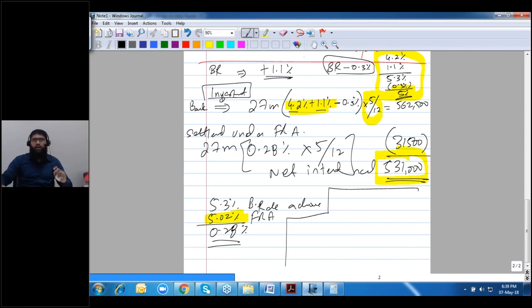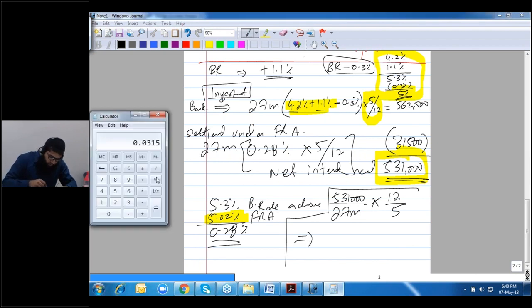Now, I need to relate this to something. This 531,000 is the interest that we have achieved on 27 million of investment for a period of 5 months. If I need to annualize this rate, I'm going to multiply by 12 divided by 5. So how much is it going to be?